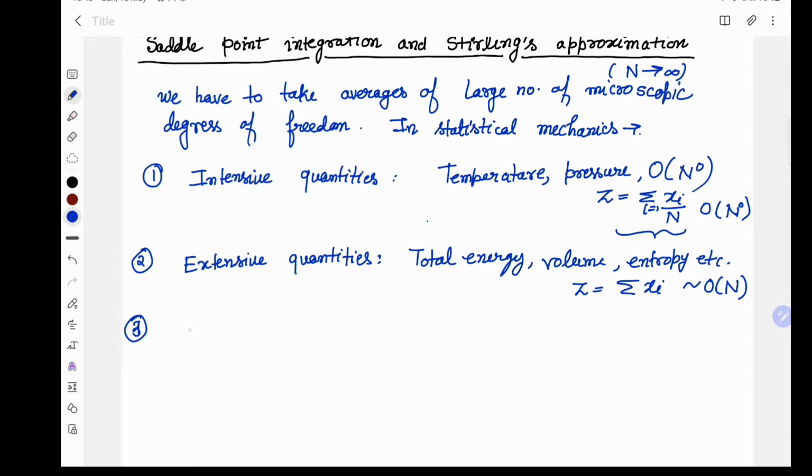there are some exponential dependencies which we have to sum, such as quantities like summation over i, exponential of n xi.